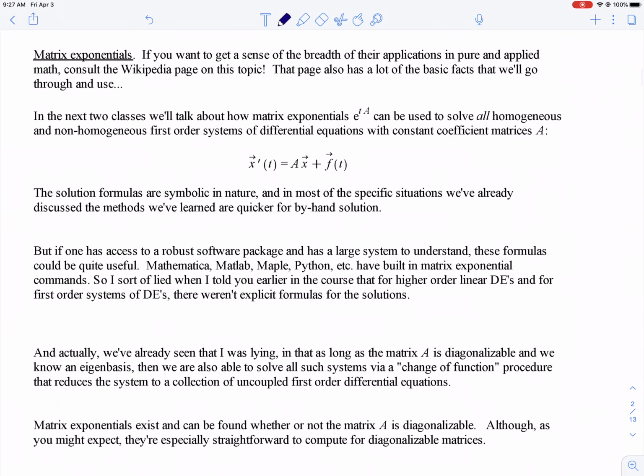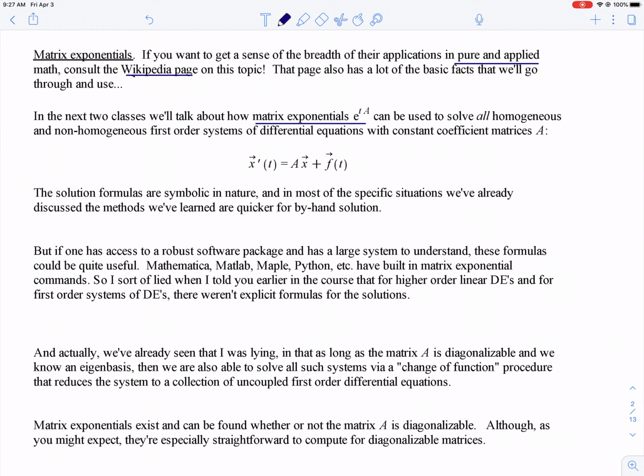Matrix exponentials come up in a lot of places in pure and applied math. Wikipedia is always the first place to go if you see something new and interesting. And what we're going to do today and in the next lecture is talk about matrix exponentials and how to find them.